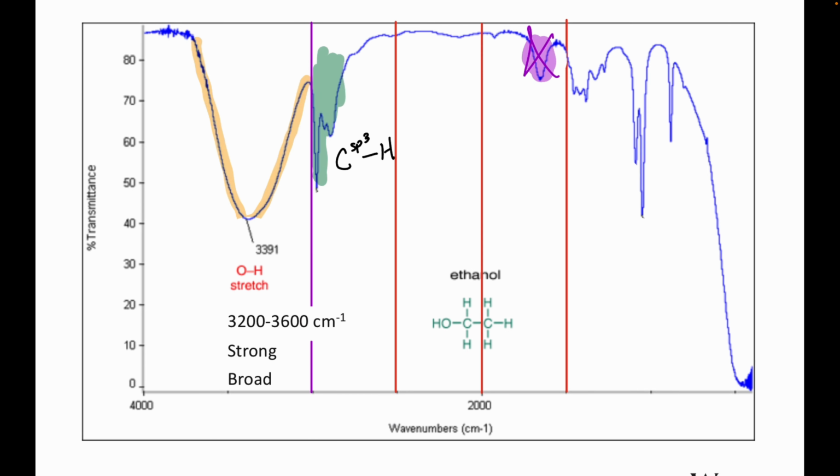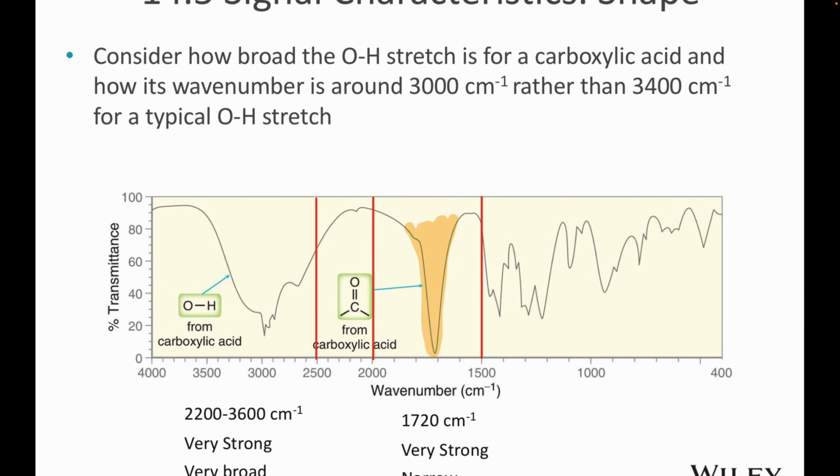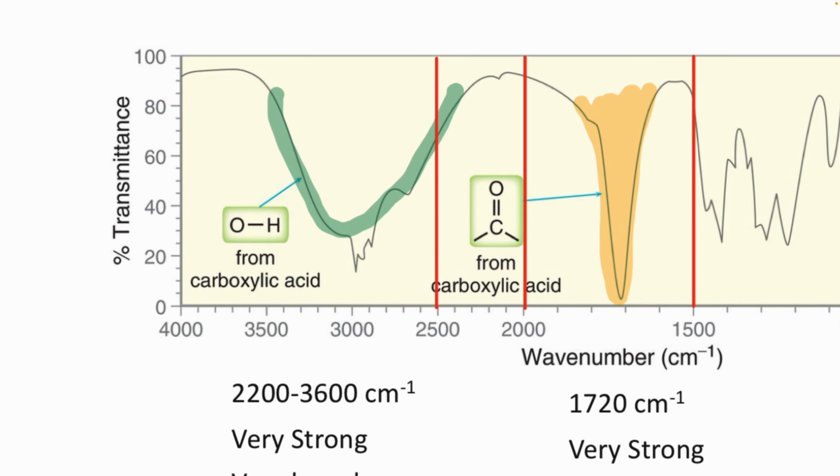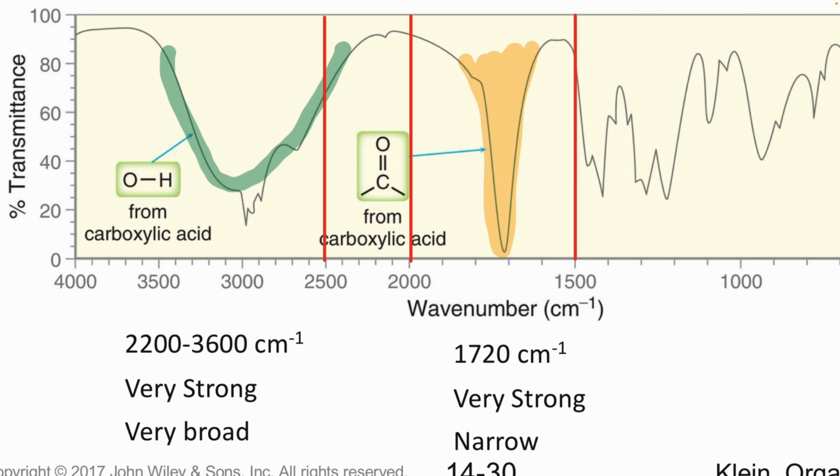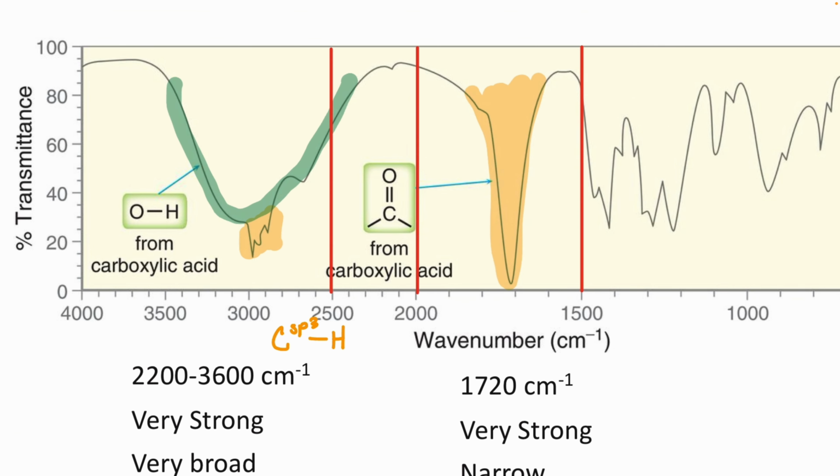For a carboxylic acid, it's even broader than that, and it actually swallows up that sp3 hybridized carbon-hydrogen peak. So this one is my sp3 carbon-hydrogen. This big green one here that extends all the way over, this is my OH bond.